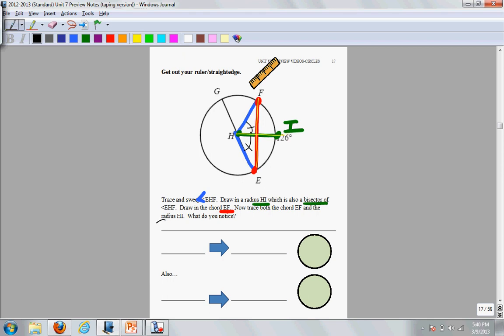Take a moment, and if you need to, do it again. Trace both those, EF and HI, the radius and the chord, and write down what you feel, what do you notice there as you trace? What do you notice? Take a moment and write that down yourself.